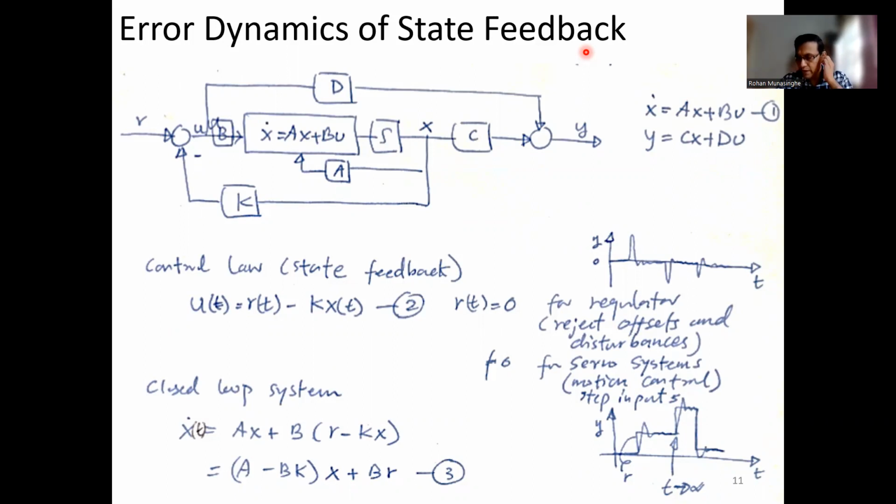So with your understanding about system dynamics, how the state variables change, right? There you saw the rate of change of state variable 1 is related to state variable 2 and so on. So some sort of dynamics, right? So that you can predict what's going to happen to the state variable in a future time. Error dynamics also, if it is available to you, you can look at it and figure out whether the error is stable and converging.